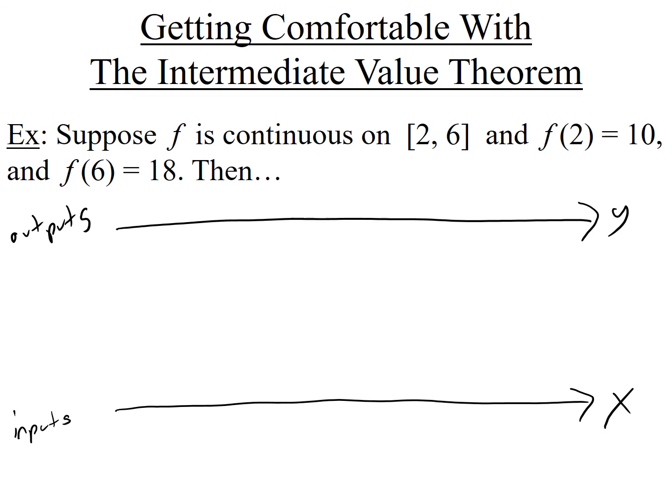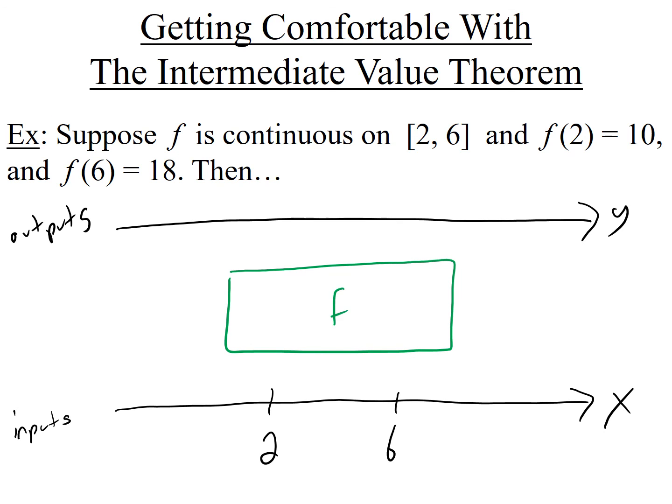Okay, f is continuous on 2, 6. 2, 6 stands for inputs. So I'm going to put a 2 and a 6 on the x-axis for inputs. And over here I'm going to draw my function as a box. Remember, a function is a machine, so I'm going to draw it as a box. Now, if I say f is continuous on a closed interval, it means it's a nice function.